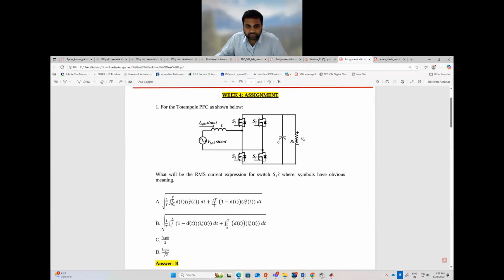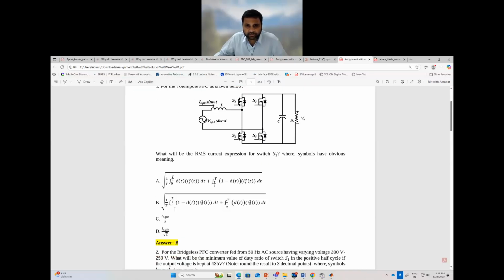So that is the reason why we have taken our expression, which is 1 by T, because it is in one half line cycle; in the other half line cycle it will repeat itself. So it goes from 0 to T by 2. We have taken overall T because here we have totem pole PFC, so both half cycles are slightly different.